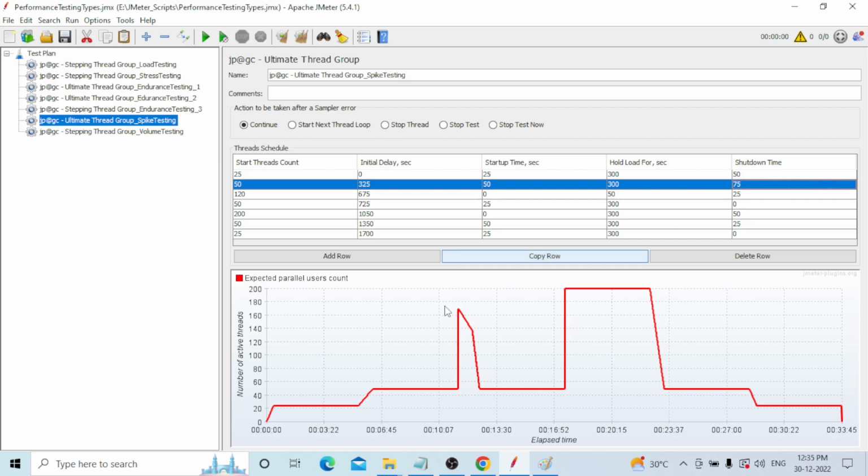Until you come to this point, now you have come to this point, right? How do you need to design this spike? You can give a huge number, not 75 you need not take, I will take 120.